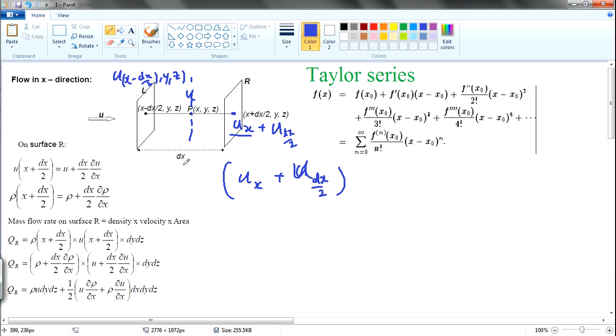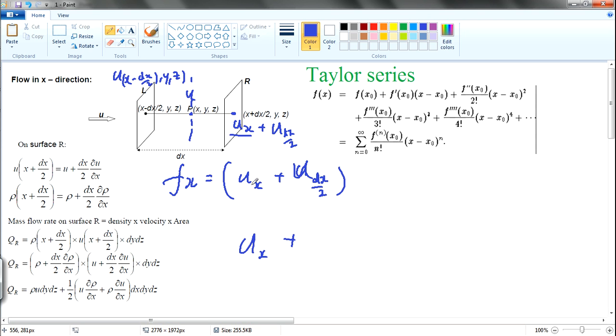Let's say we have this as f(x) equals this. f(x naught) is actually the position over here. So in fact it's actually ux, plus, we are describing this thing in terms of this point plus this point, plus your velocity across this system.